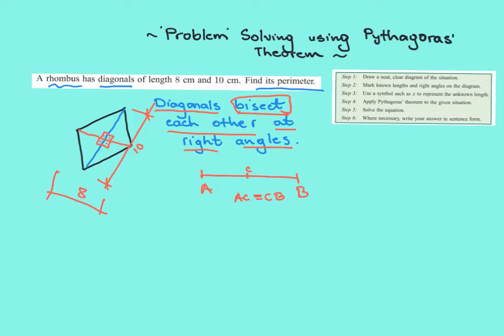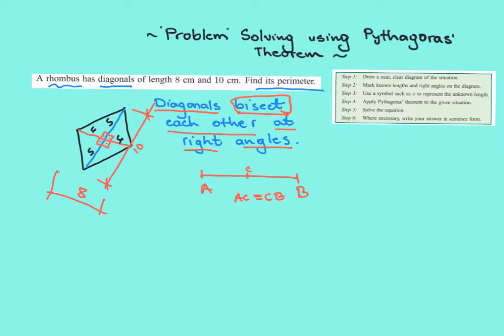And because diagonals are bisected, we do know now that this part here, from this corner to here, is equal to 4. I'm going to put 4 here, and I'm going to put 4 there. I picked 4 here instead of 5 because this diagonal looks shorter than the other one. And then the blue one, the first half is 5 and the second half is 5 as well.